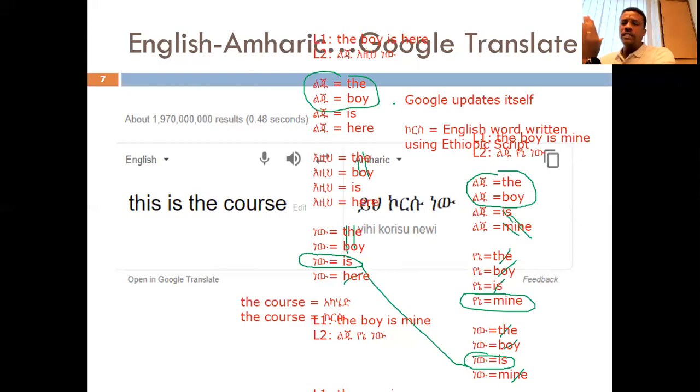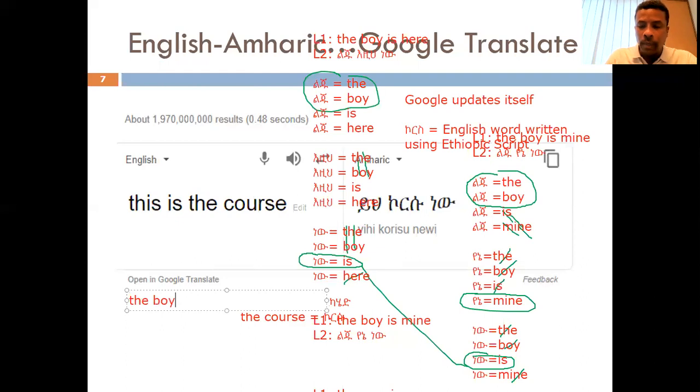And if you have many such sentences, then you can build a kind of translation dictionary. Now, based on what we have here, what have we created? The boy is equivalent to ልጁ. Next, ነው is associated with is.